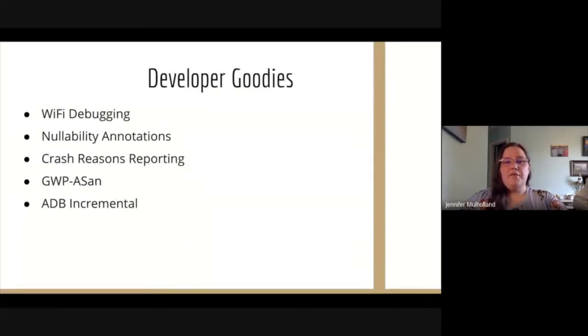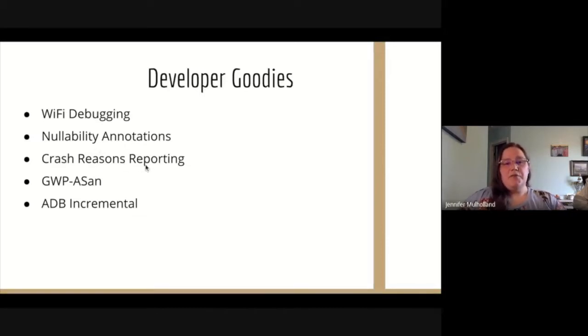And then developer goodies. I laughed when he talked about the Wi-Fi debugging, because it's true, there's never enough USB ports. Nullability annotations and how they've included recent nullability and recent non-nullability.